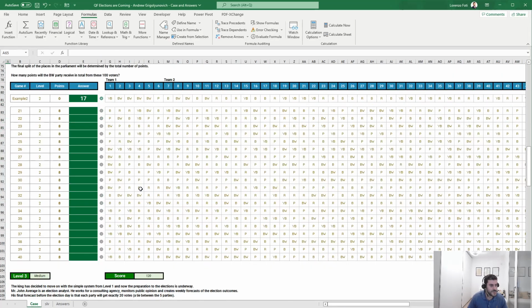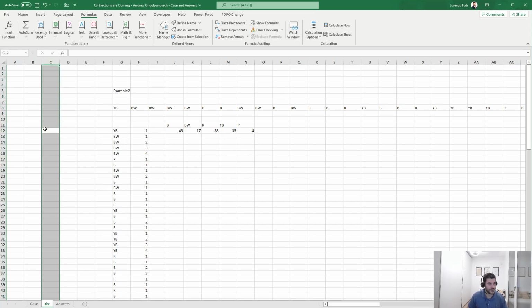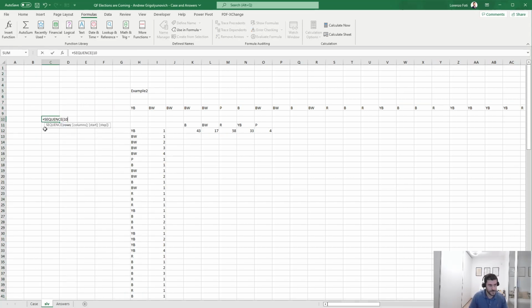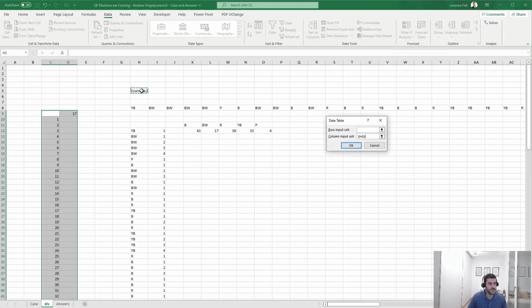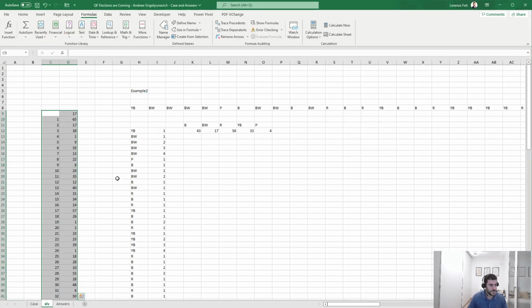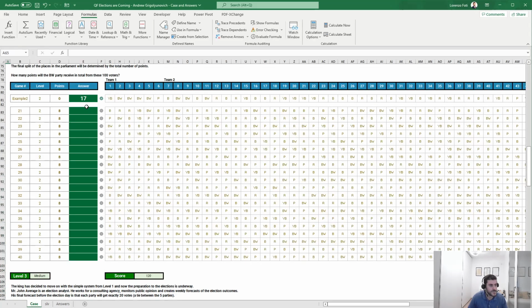So yes, we have 17, 21 to 40 in terms of data sets, so a sequence of 100. Let's add the data table as usual. I've set 21 to 40, so this.